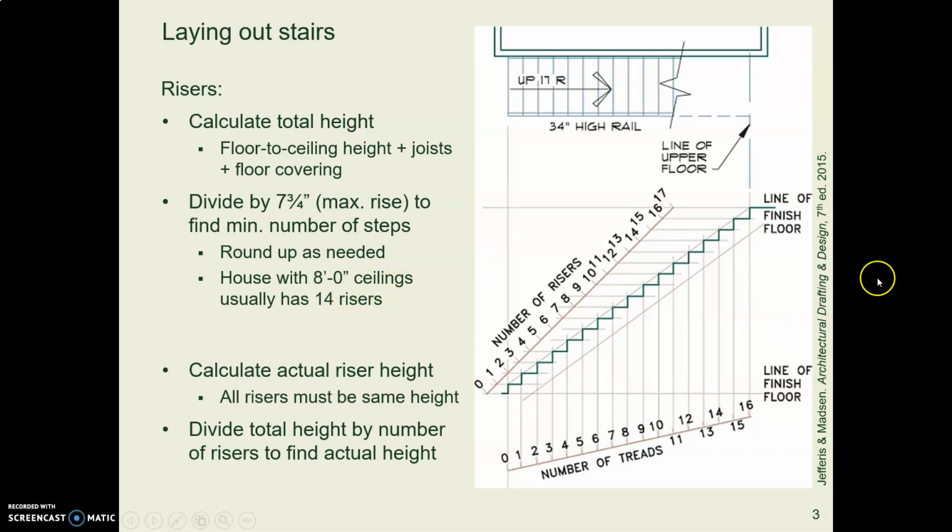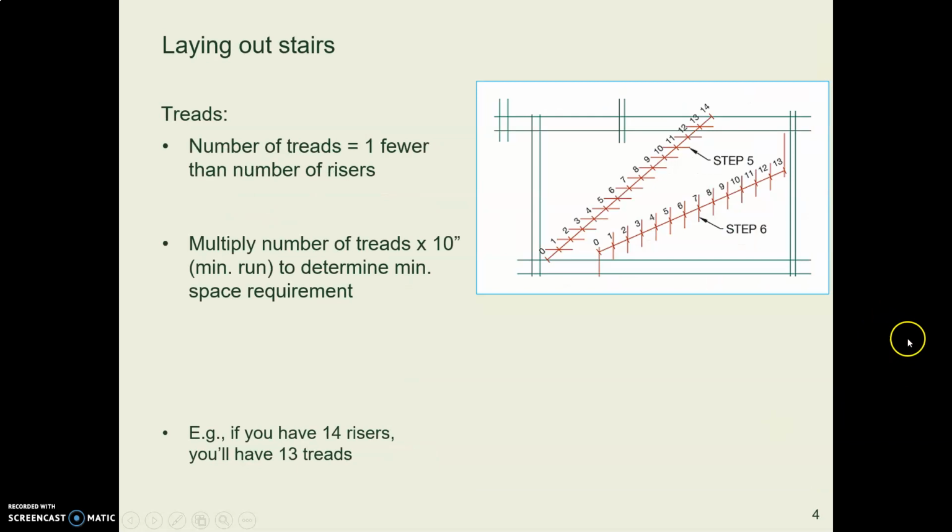Okay, now we know to fill our total rise, we need 15 risers. Now, how high will they be really? Well, here's our total rise divided by 15, which will give you the height of the risers. Now, how about the treads? We do something similar. We know how long the run is we have to fill.